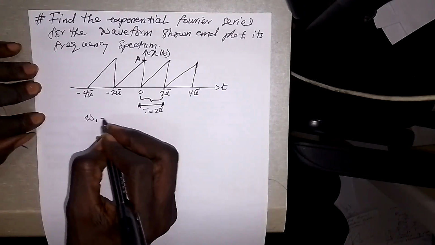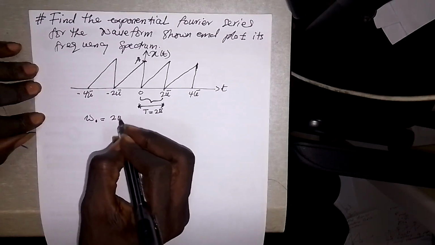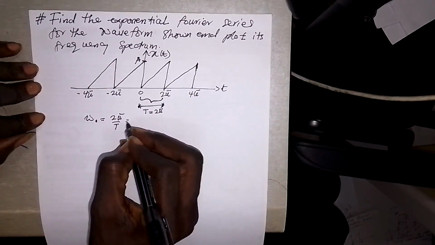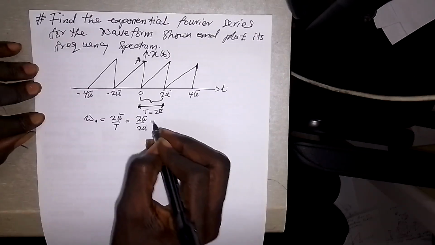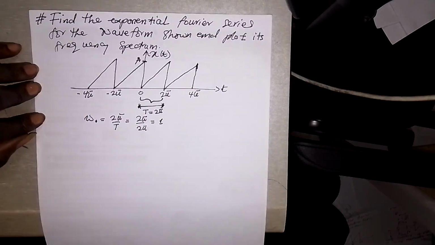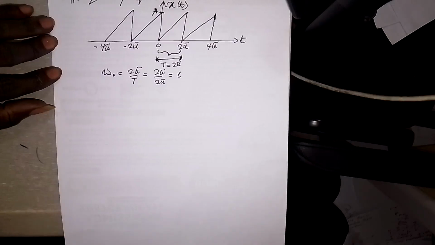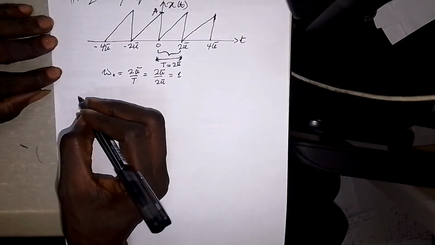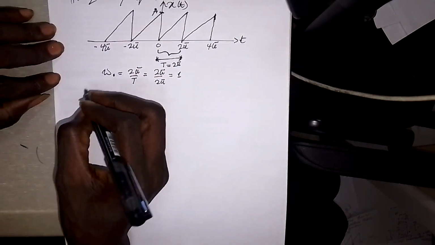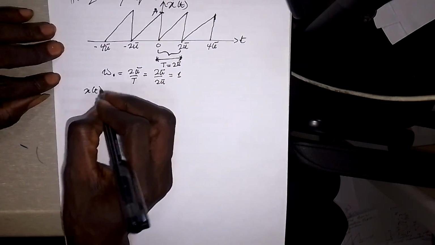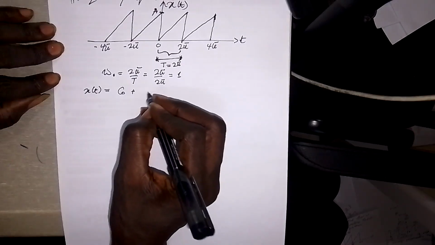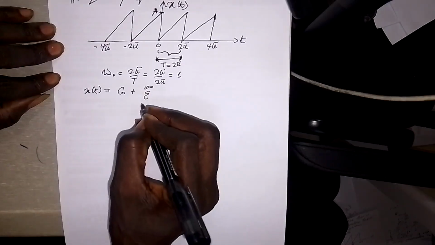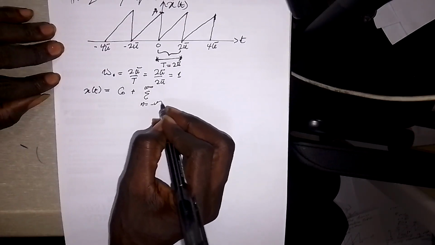In that case, omega naught is equal to 2 pi on T, which is equal to 2 pi on 2 pi, which is equal to 1. And then my general Fourier series equation using the exponential form is x of t equals C0 plus the summation from n equals negative infinity to infinity.